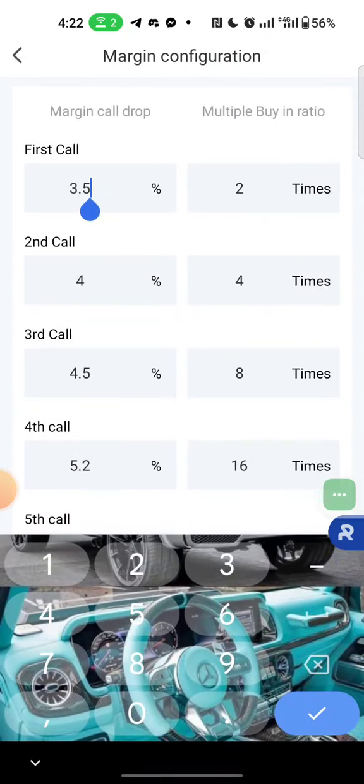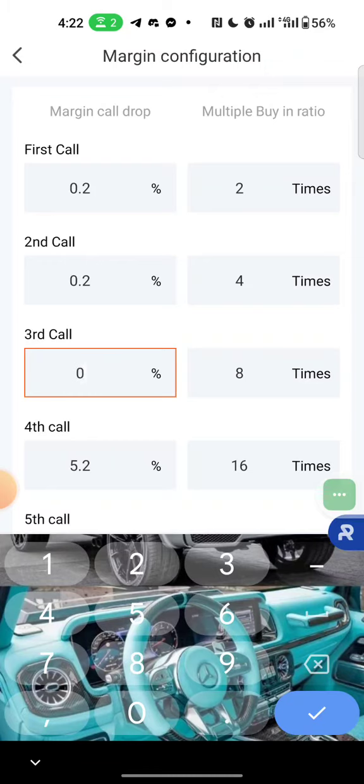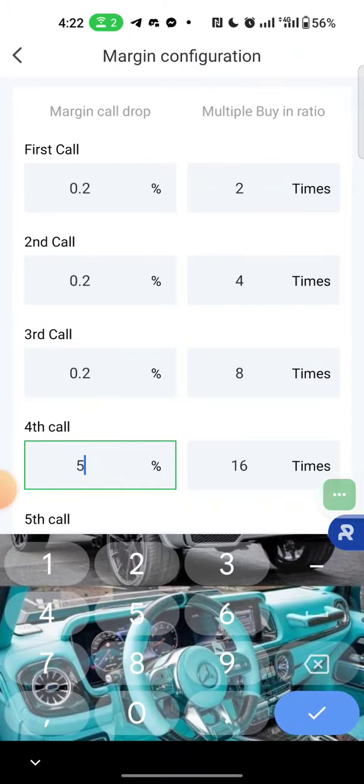Don't pick low ones, because sometimes a coin might be the most negative and then continue going more negative. So if it was a signal and the signal is 5%, I could go 0.2 or 0.3. I want my robot to really buy very fast.